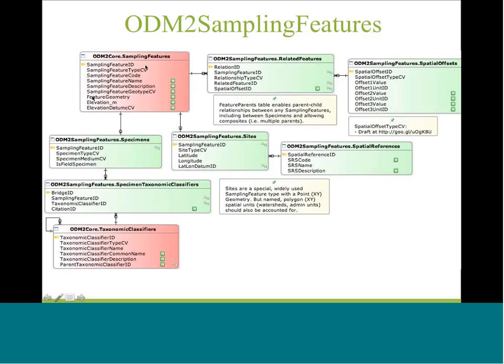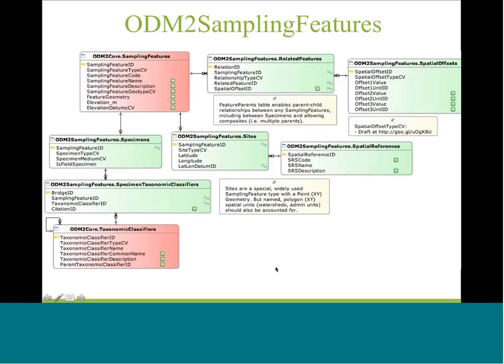And that information about where that sampling feature is on the Earth can be stored in a single place called feature geometry, which is a special data type that almost, but not all, database systems can handle, and it has the equivalent information of a KML file or a shape file. It has vectors and polygons and points can all be embedded inside of feature geometry.